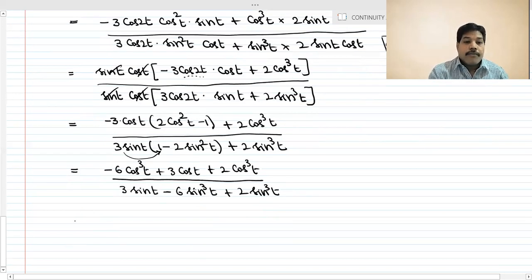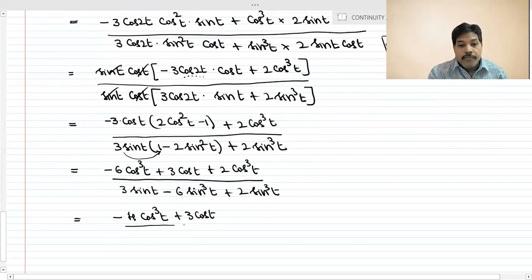So what happens in the numerator? It becomes minus 6 cos cube t plus 2 cos cube t, that is minus 4 cos cube t plus 3 cos t, whole by, in the denominator, 3 sin t minus 4 sin cube t.